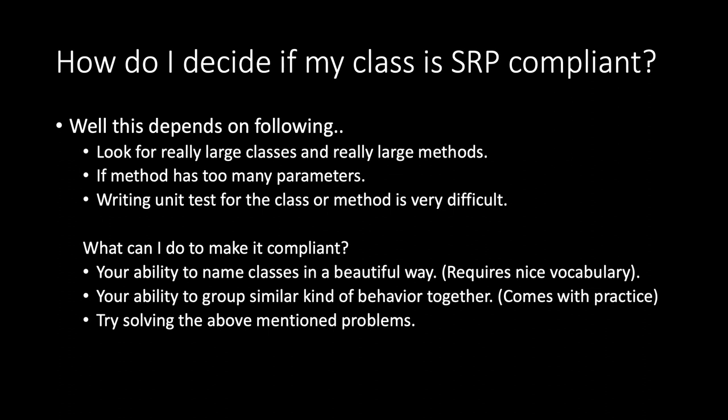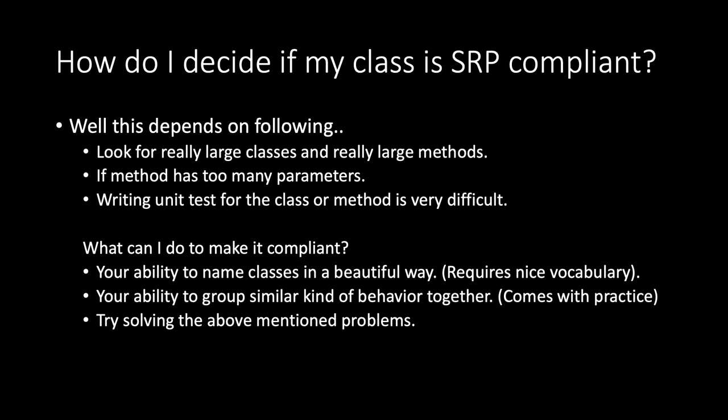Now, what can you do to make it compliant? Well, the most simple thing that you can do to make your class SRP compliant is to name it in a better way. Other than that, it really depends on your ability to group similar kinds of behavior together, and this will require some practice, but if you keep looking for it, you will get better at it.